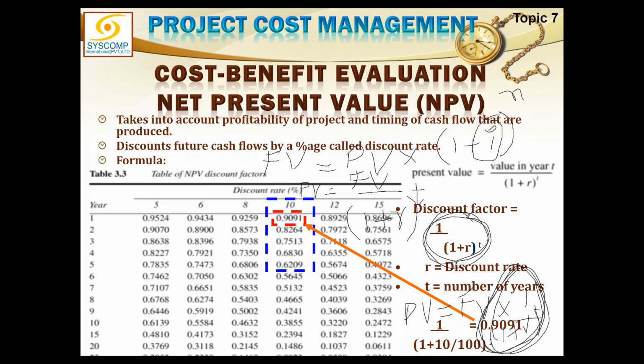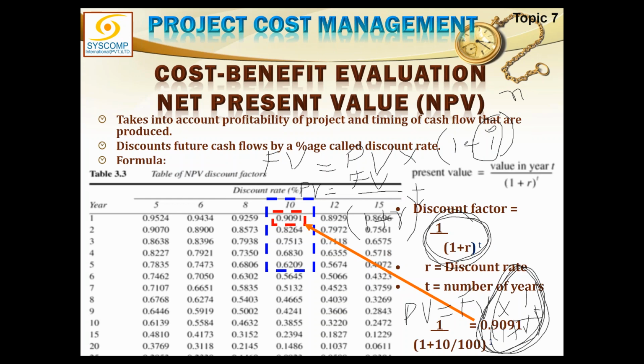Agreed? Now look at the discount factor. The discount factor has only two unknowns. One is R, another is T. Can you see the discount factor?